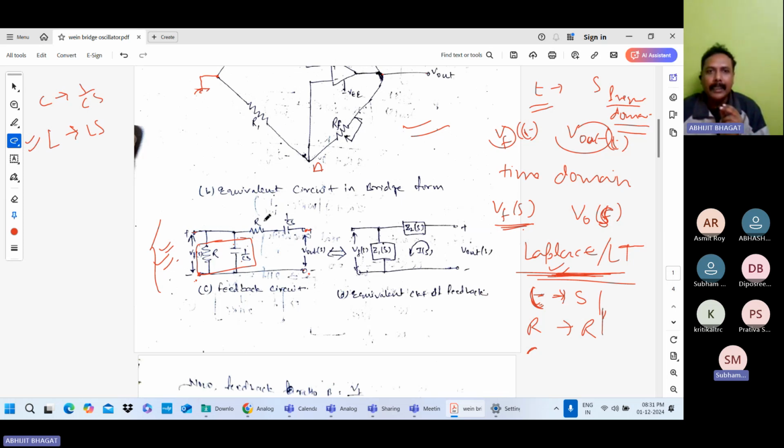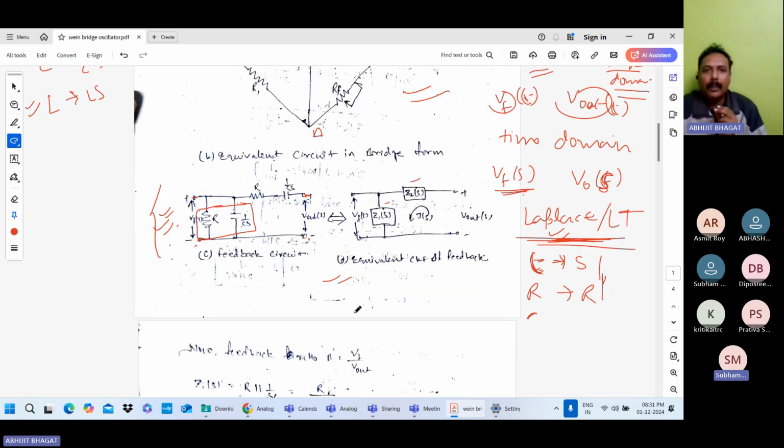Then here R is series with 1 by Cs, or R is series with this capacitor. So your Z2S is R plus 1 by Cs. Okay. This is the same. So this is the equivalent circuit of the feedback network, same circuit.